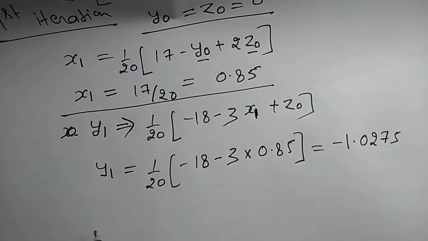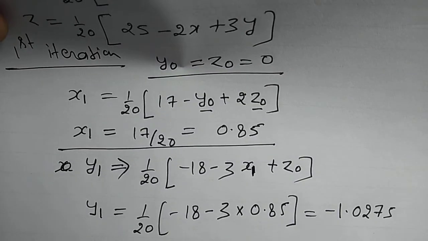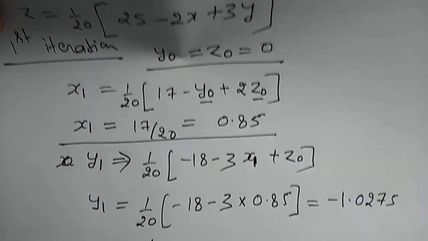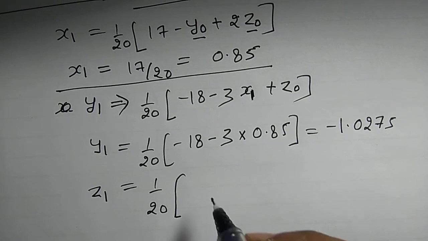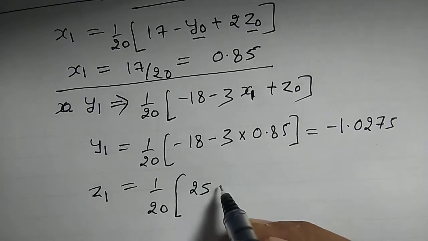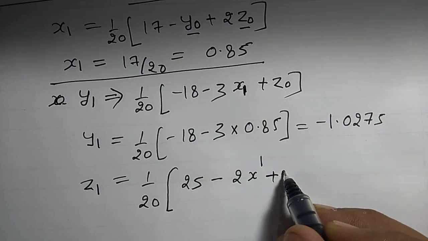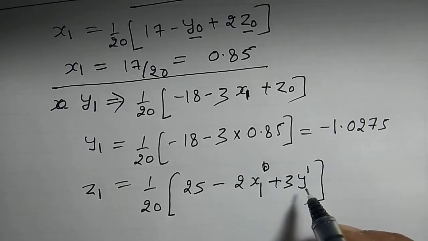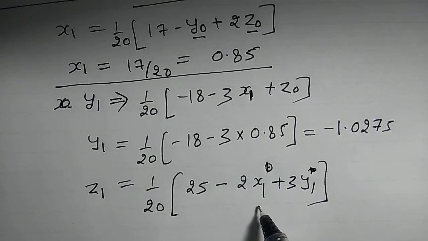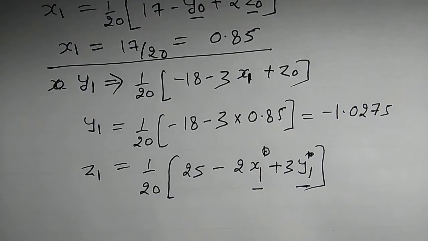And z1 is the value of z from the first iteration. It will be 1/20 times (25 minus 2x1 plus 3y1), where x1 and y1 are the values of x and y from the first iteration.